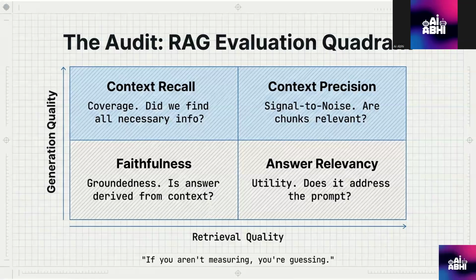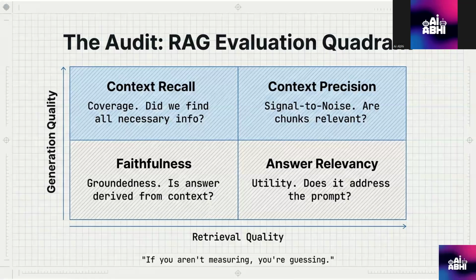Second is context recall. Out of all the information needed to answer the question, how much did you actually retrieve? If the answer requires facts from 4 chunks, but you only found 3 of them, your recall is 75%. This tells you if you are missing important information.